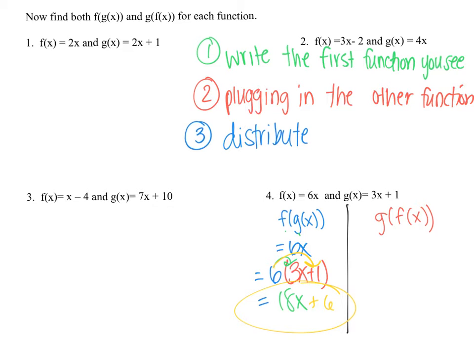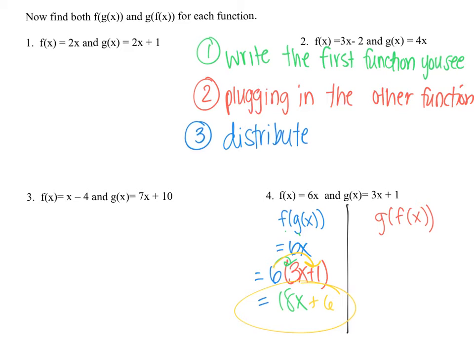If there was a 4 here, what would I plug in? A 4 here, right? So this would just look like this, right? So instead of now plugging in a number, we're plugging in a whole function. Okay? So same kind of idea, it's just a whole function, not a number anymore. Okay?